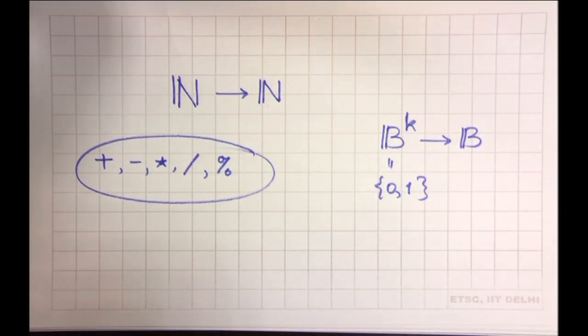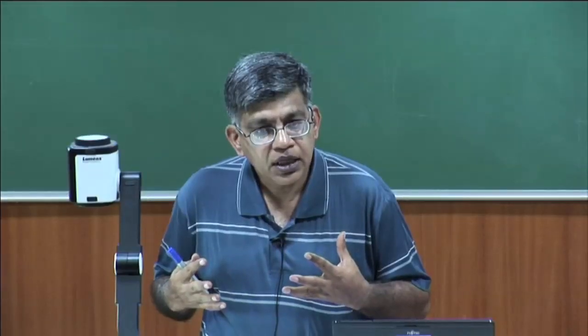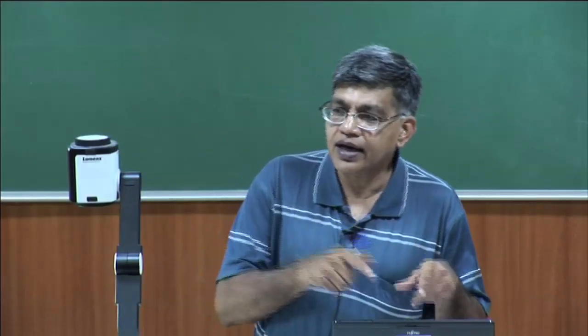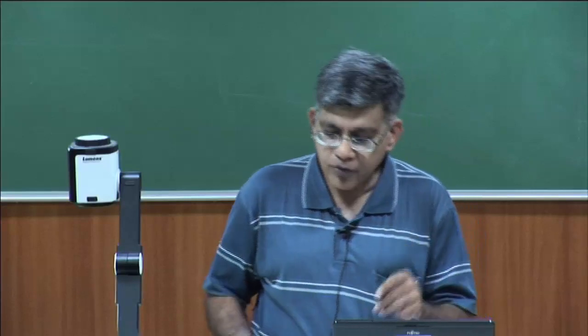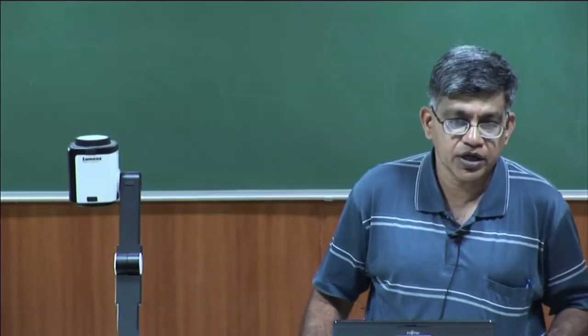Whatever may be the nature of that operator, it can still be written entirely in terms of the set of operators that we already have, and that property is the property of functional completeness.